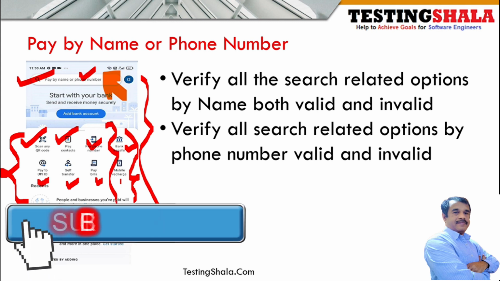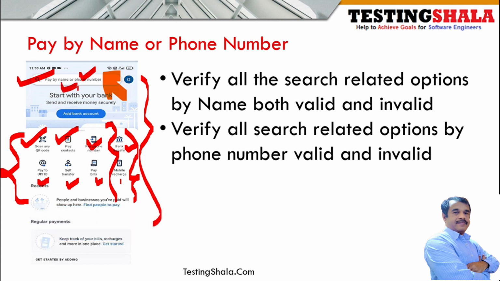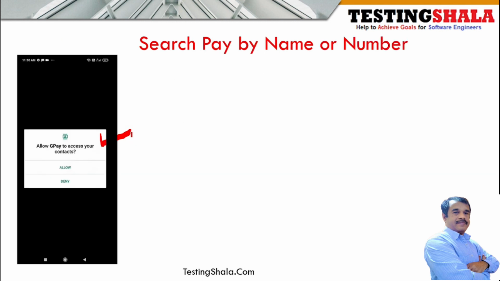Now we will try to understand, after we are on the home page, we will try to search by name or phone number in order to make a payment. What are the different test cases which we can write here? After entering something in the search bar, by default we get an alert message asking Google Pay to access your contacts, because GPay operates completely based on names and mobile numbers.